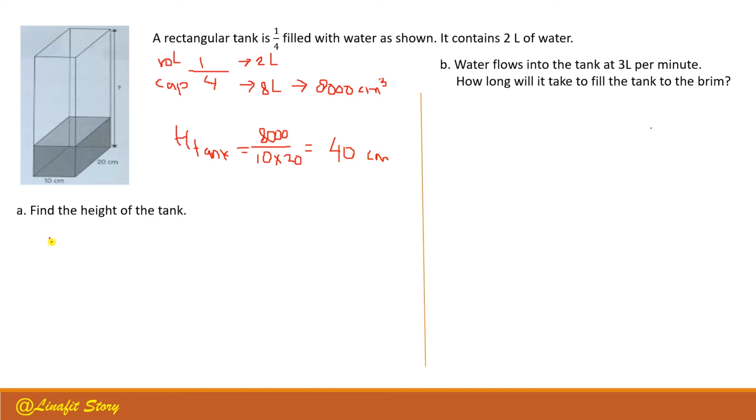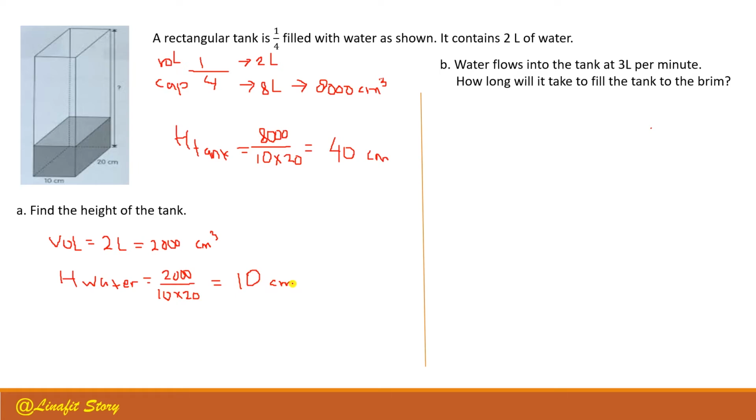As we know that the volume is 2 liters. Convert 2 liters into cubic cm. Is 2,000 cubic cm. The height of the water level is 2,000 divided by 10 times 20 is equal to 10 cm.